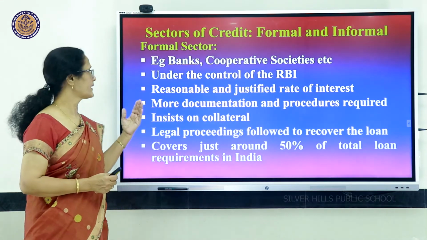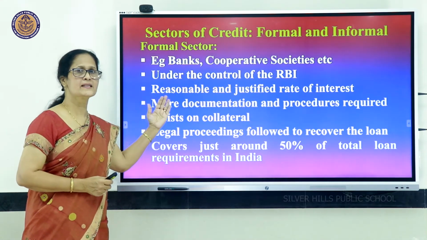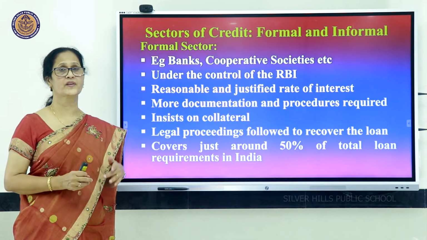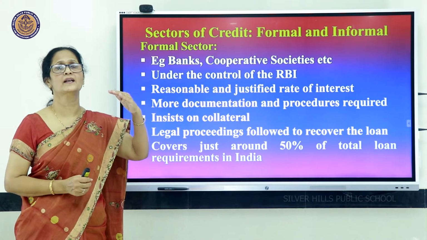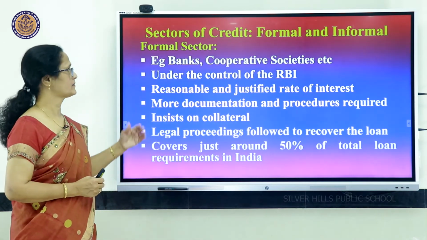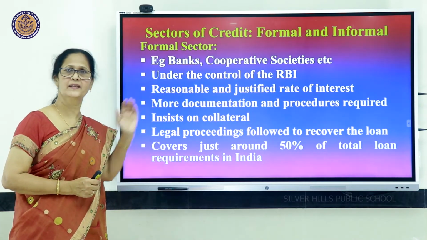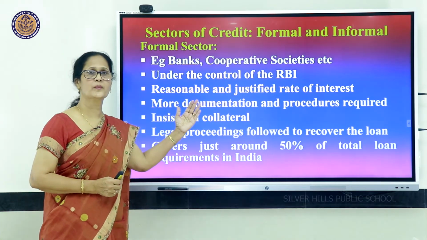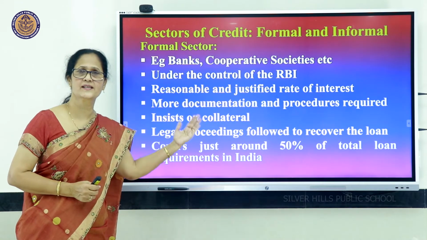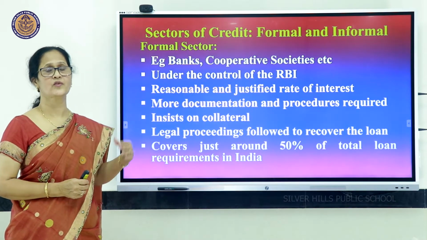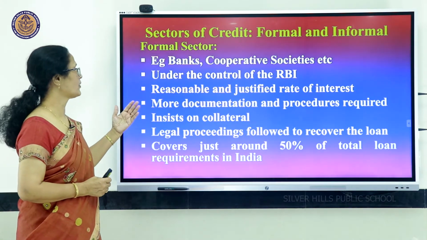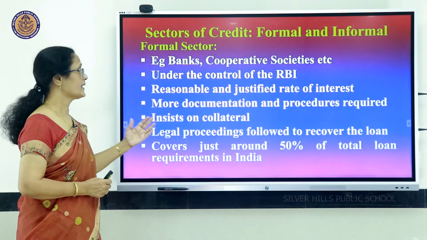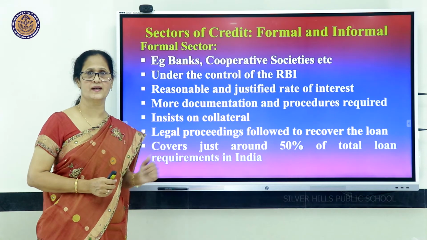Formal sector credit charges reasonable and justified rates of interest. The rate of interest cannot be more than a specified rate, specified by the Reserve Bank of India. There is more documentation and procedures required. They insist on collateral.